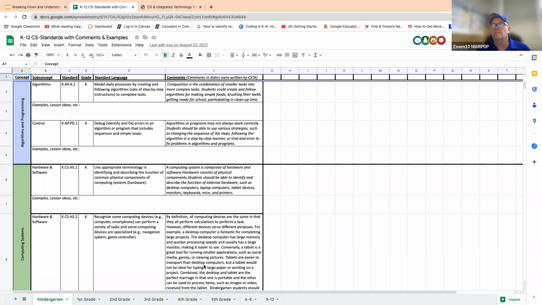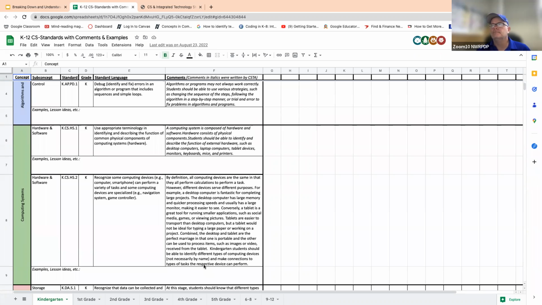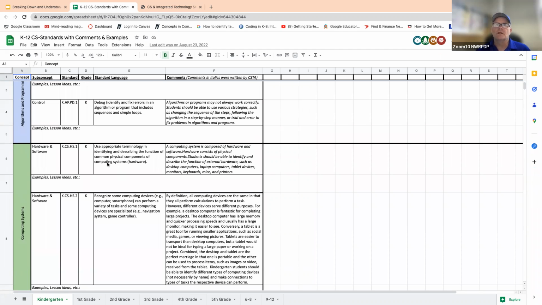So for example, we'll just take this one, hardware and software, kindergarten. So the standard says, use appropriate terminology in identifying and describing the function of common physical components of computing systems. So there's your standard language.